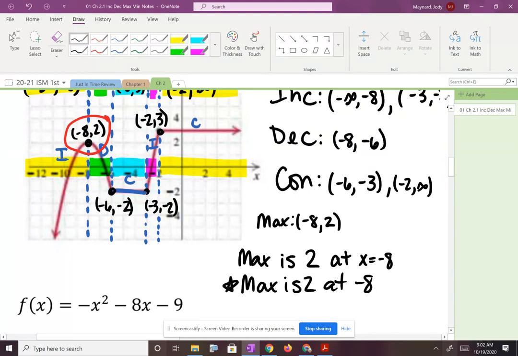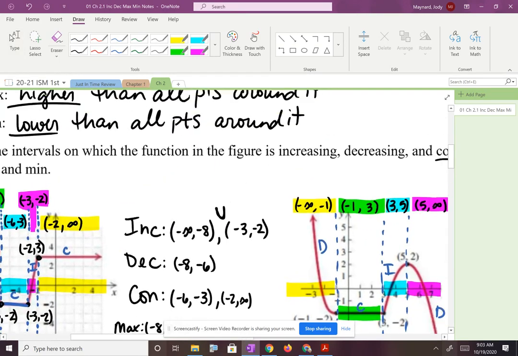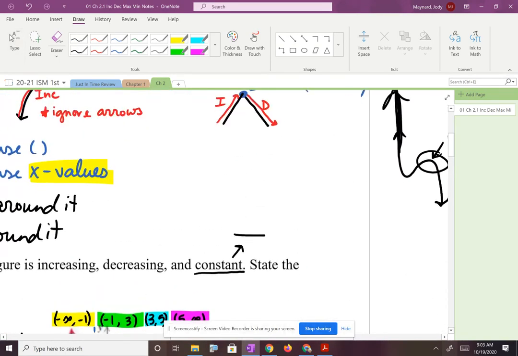Okay, this is going to be the hard part for you to remember. So I'm going to go up to the top here again, and I'm going to write that over here. The maximum, the max or min, is the y value at the x value.